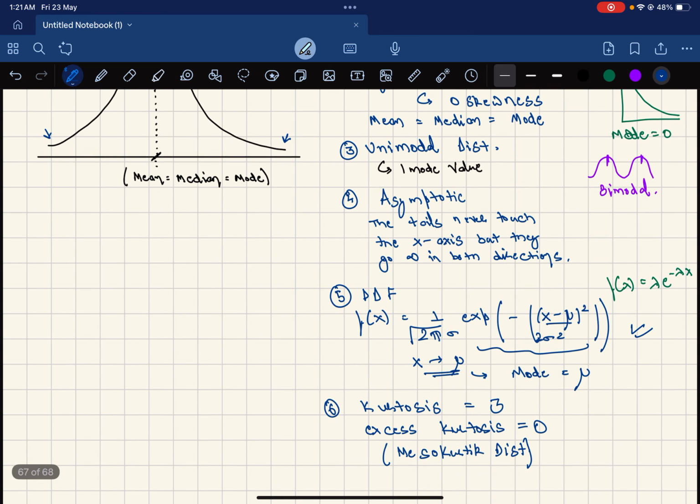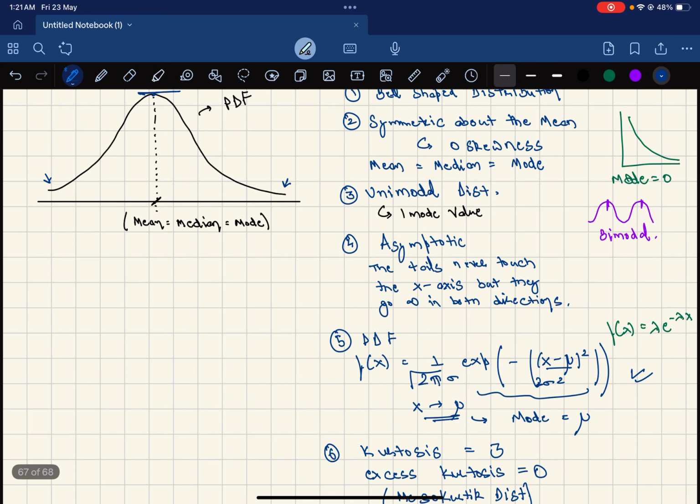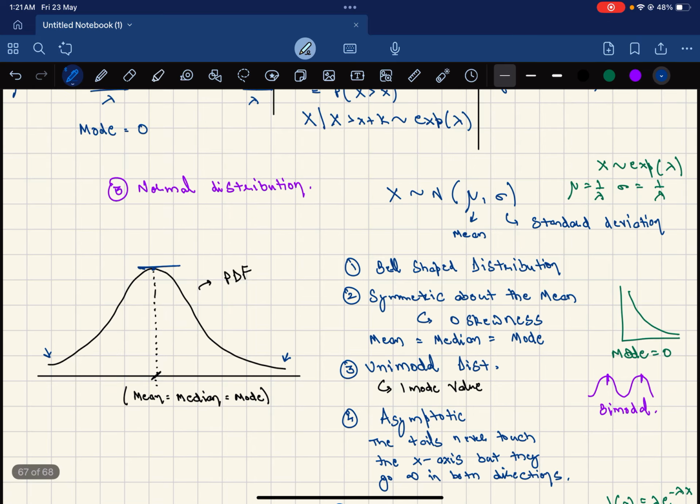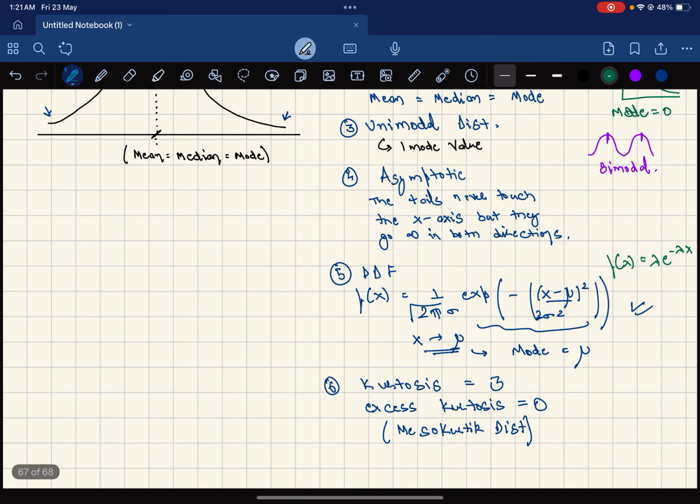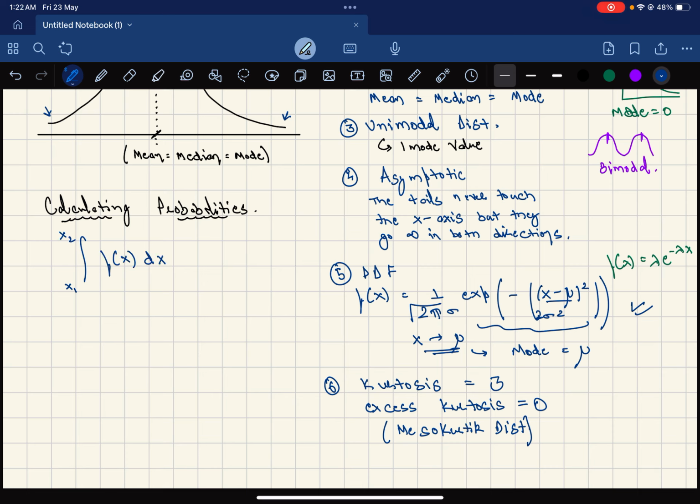Now next, we would be looking at how we can calculate the probabilities for a normal distribution. In the case of exponential distributions, we were able to calculate the probability by using the integral. The probability under any PDF is defined using the integral between x1 and x2, and we simply integrate the PDF in the given range.